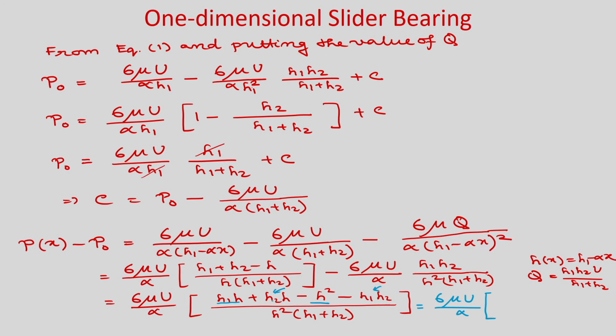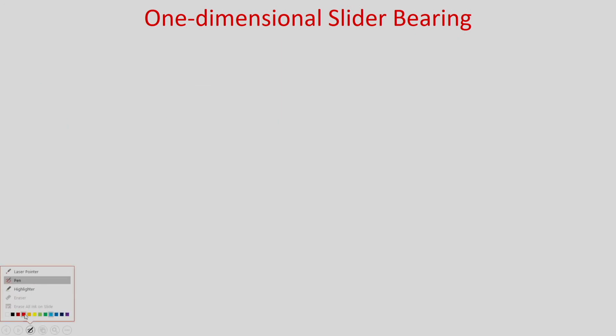Now, if you take two h common from these, then you can write h, 1 minus h, and from here, minus H2, if you take common, then you can write H1 minus H from these two terms, divided by H square into H1 plus H2. Okay.